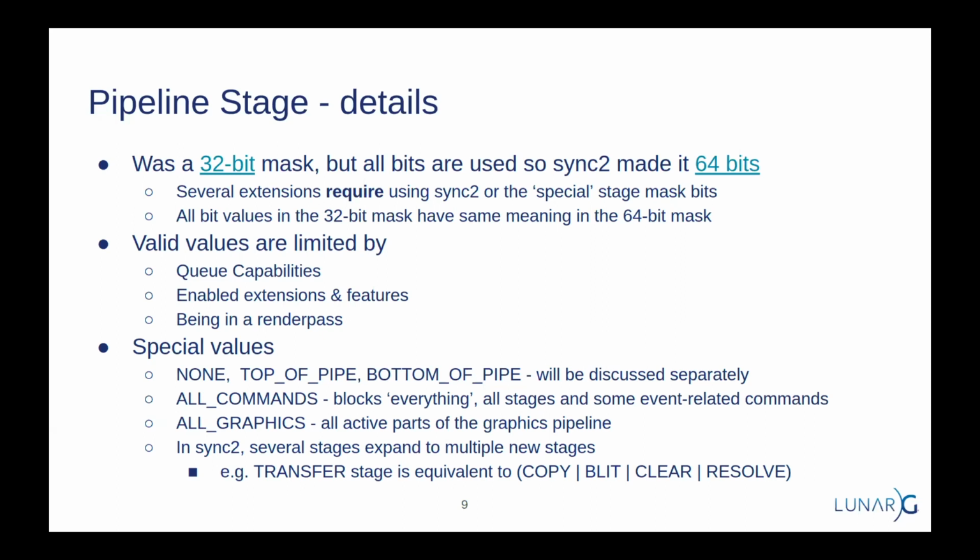So you can mix and match without worrying about translating between the old 32-bit and the 64-bit mask, as long as you're not using any new bits above the 32-bit limit. The valid values are limited by the capabilities of the queue you're using, which extensions and features you've enabled in your device, and whether you're in a render pass or not.